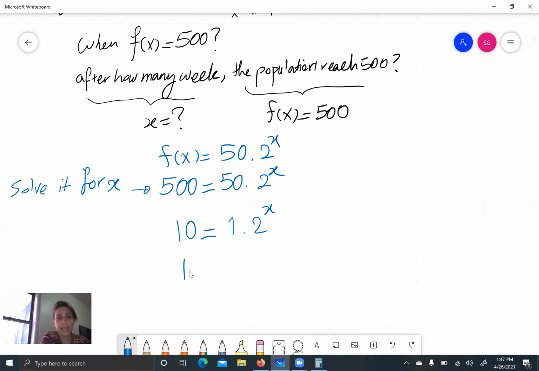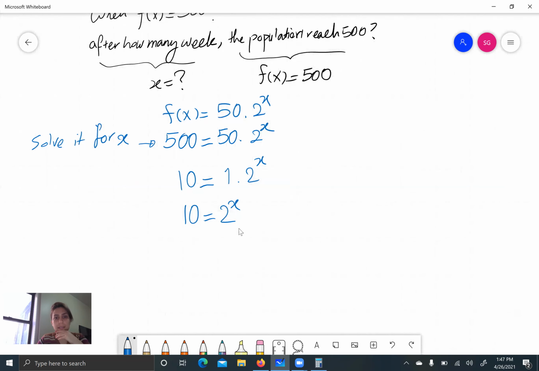Then we end up with this equation, and we still need to solve it for x.